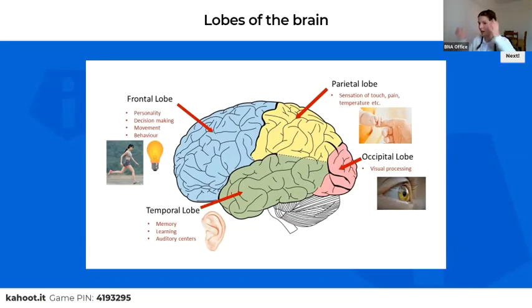And then the temporal lobe, lastly, either side here, behind the ear, so that could help you think about what it does, is that it's got all these auditory centres. So hearing centres really. So the ears will send all this information about hearing to the temporal lobe, and the temporal lobe will then help you make sense of what you're hearing. And the temporal lobe also has important memory and learning centres as well. So we'll explain a little bit about that later.